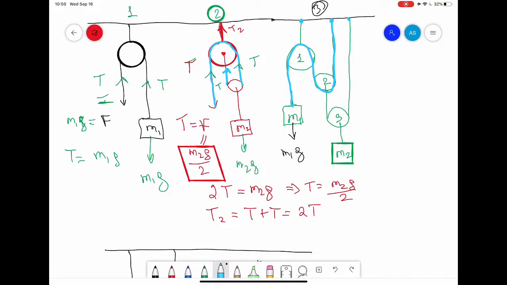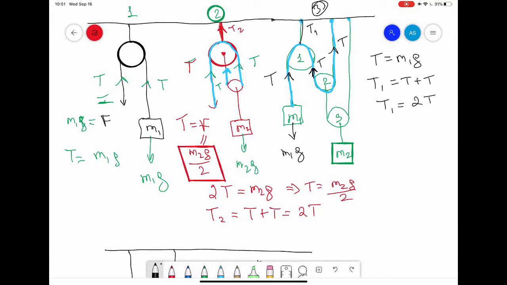Since the tension in the rope will be the same, this one I call T, which is equal to that T, and that T is also equal to this T, okay? If I call this one T1, then first of all tension is equal to M1G, right? Now tension 1 is equal to this tension plus another tension. We have here two tensions, so tension 1 will be equal to 2 tension.